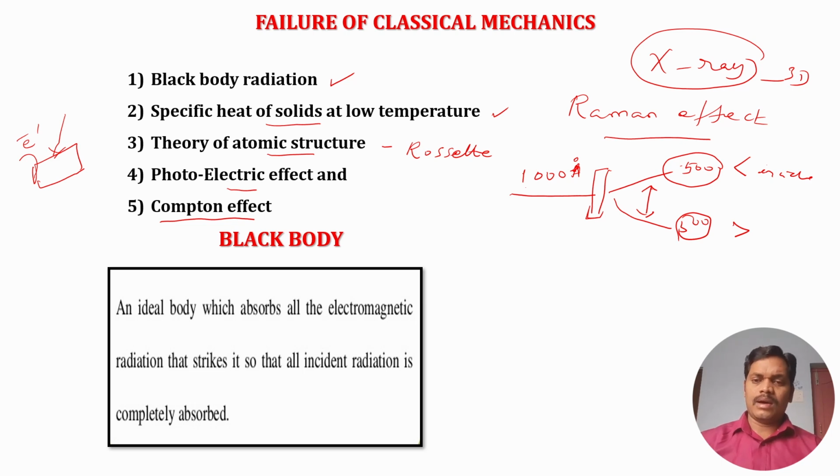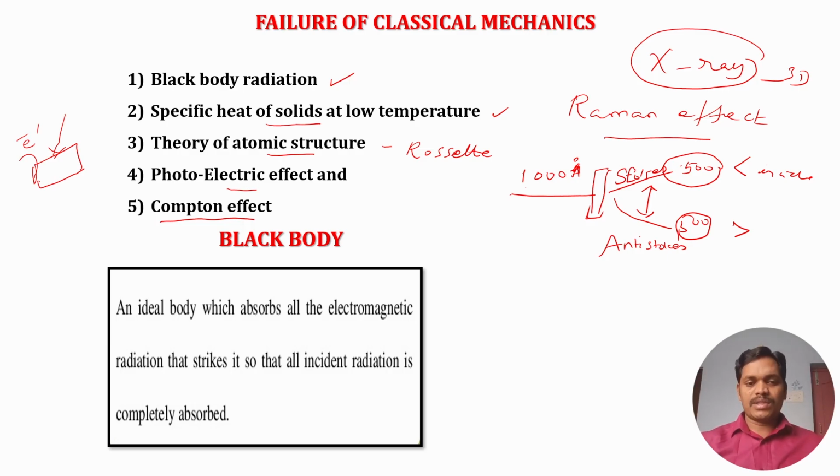To be exact, the components having frequency lesser than incident are called Stokes lines. The components having frequencies greater than incident are called anti-Stokes lines. There are some peculiar specifications behind the Stokes lines having lesser than incident and anti-Stokes lines having greater than incident frequency, so that we have to understand in the Raman effect.